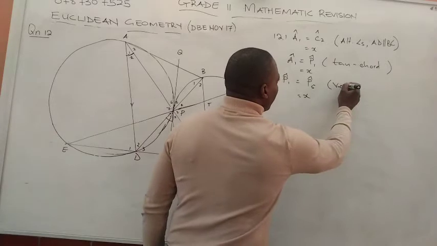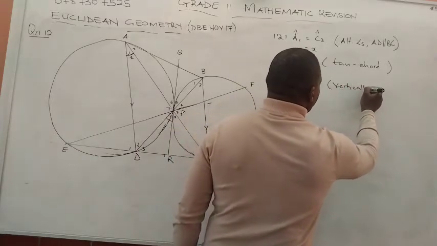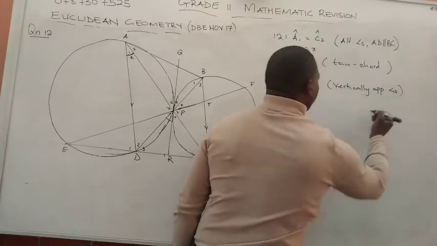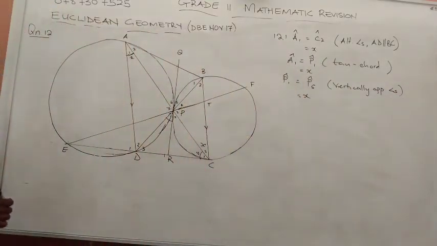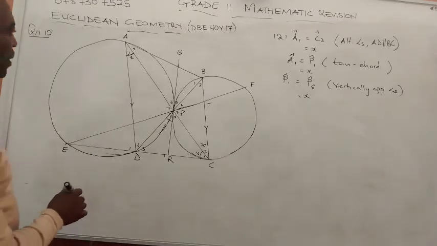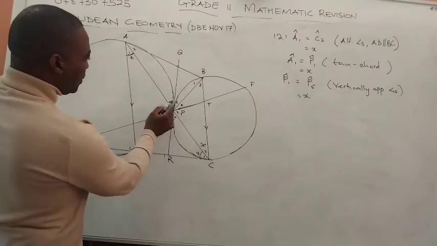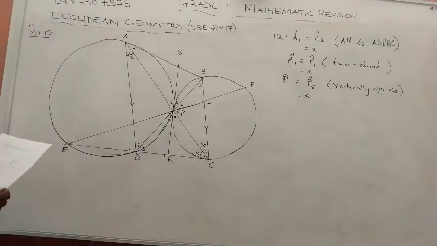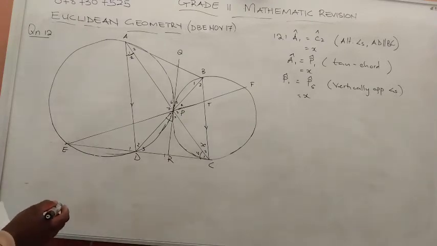So these are vertically opposite angles. And then we need one last angle. We have 1, 2, 3. We need another one.